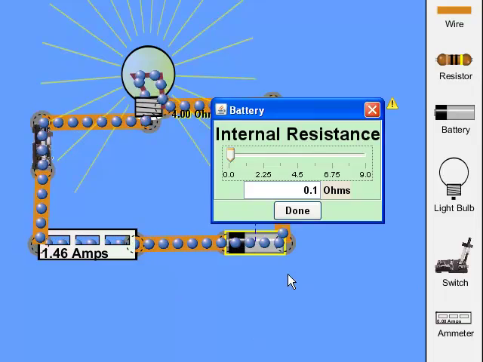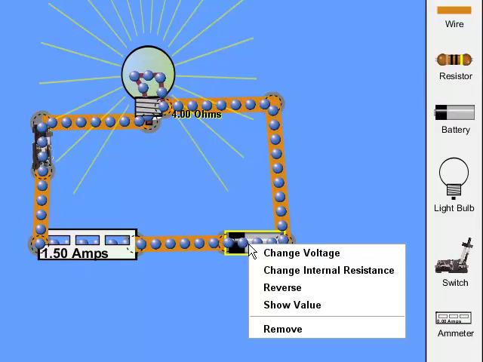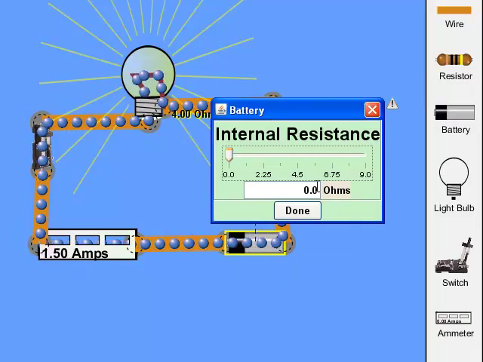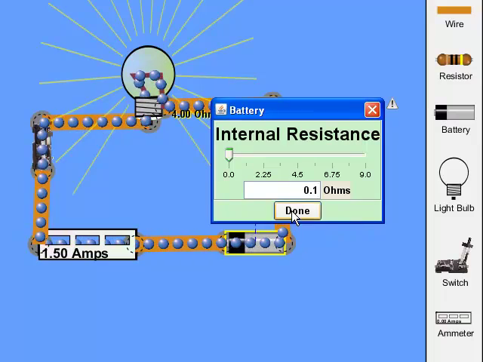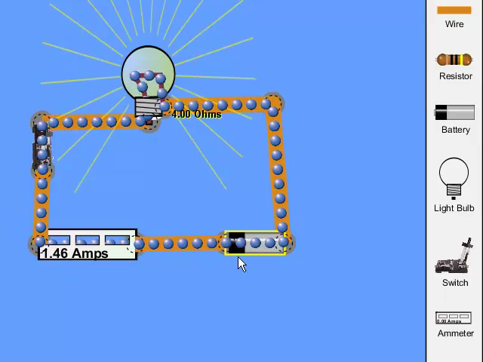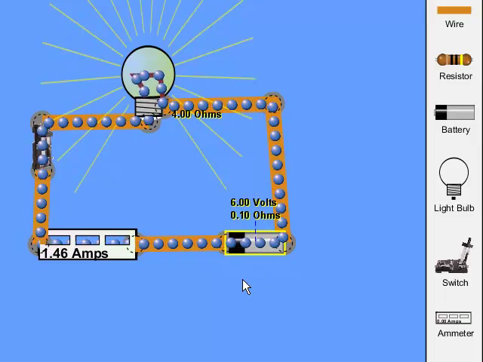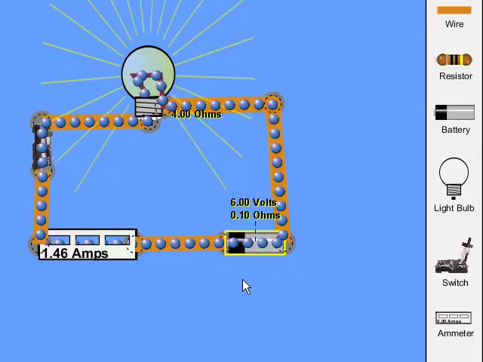Again, if I change the internal resistance here on the battery itself, I do come up with exactly 1.50 amps. But this one here is more realistic. Okay, and then of course 1.46 or 1.5 amps rounded times the 6 volts on the battery comes out to the calculated 9 watts.